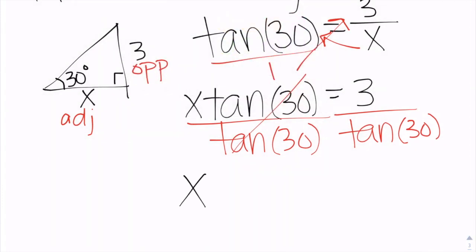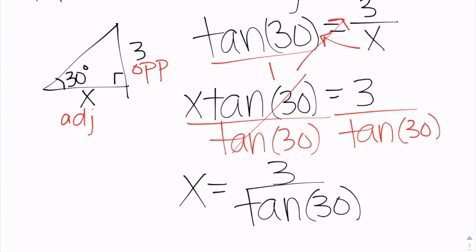And so that's going to give us x equals 3 over tangent of 30. And since we're using degrees, we want to make sure that our calculator is in degree mode, and we're going to type this directly into our calculator. And you're going to find that x is approximately 5.2.